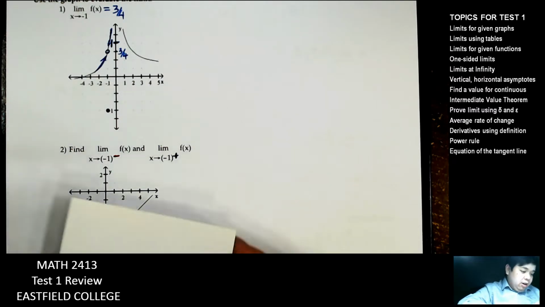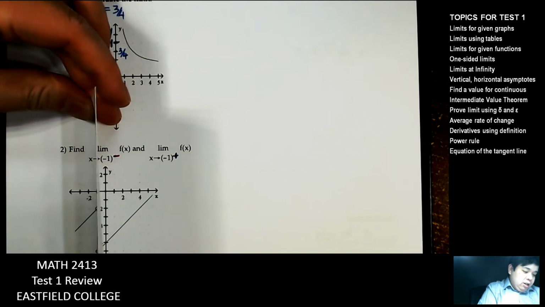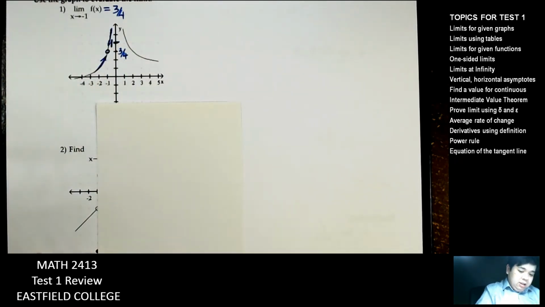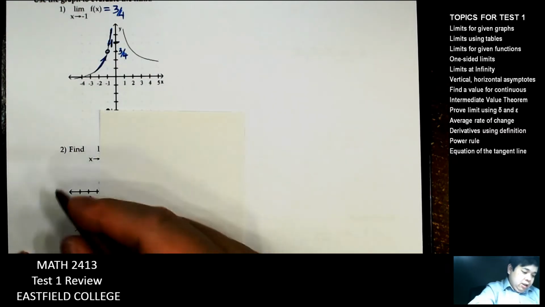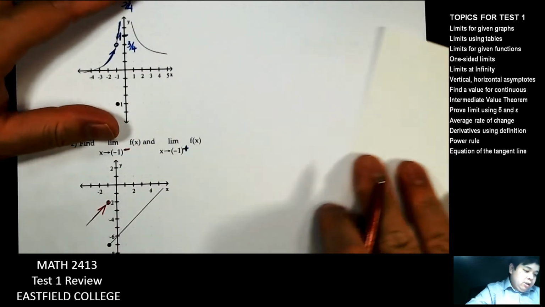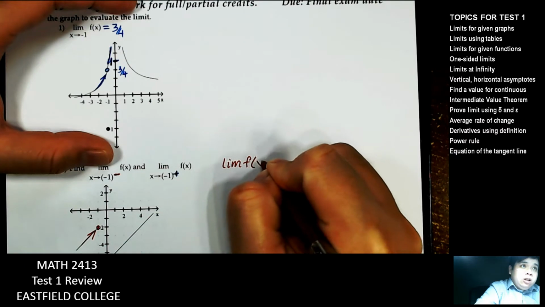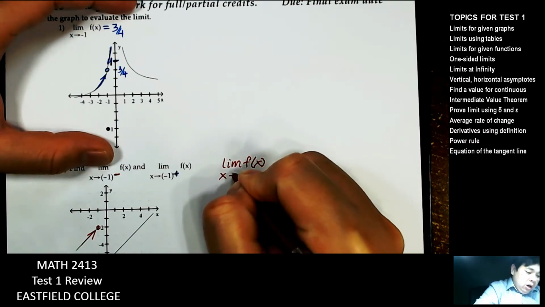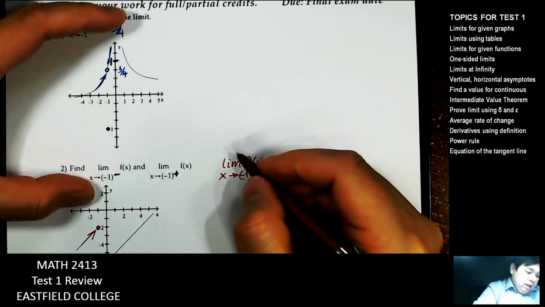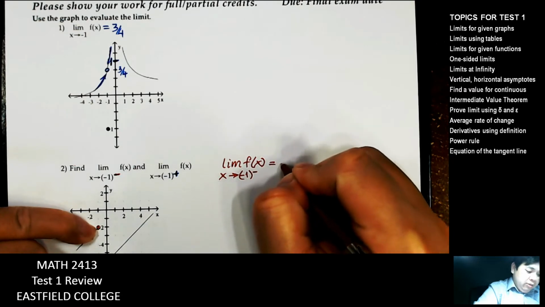So on the left of -1, this is -1, and on the left of it, the function goes to this point. So we write the limit of the function where x goes to -1 from the left is equal to the y value of that point, which is -2.